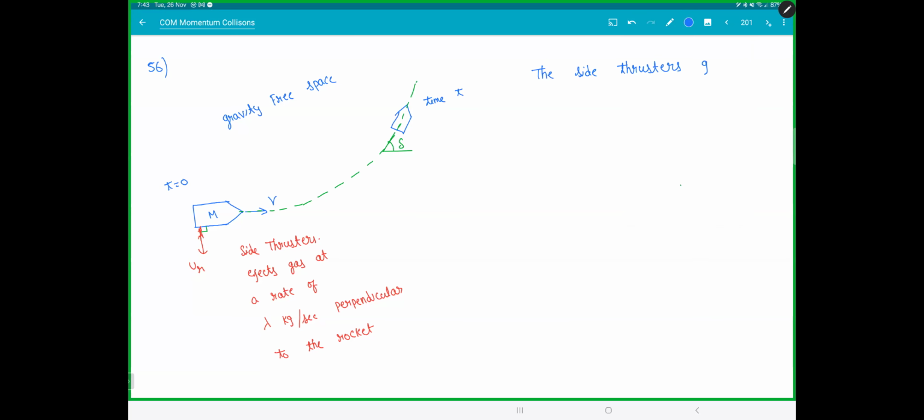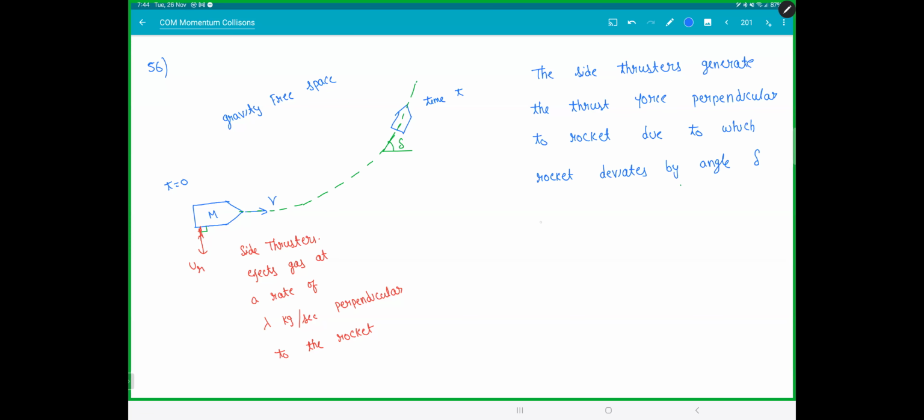The side thrusters generate a force perpendicular to the rocket, due to which the rocket deviates by angle delta.